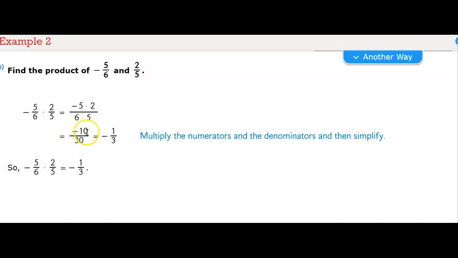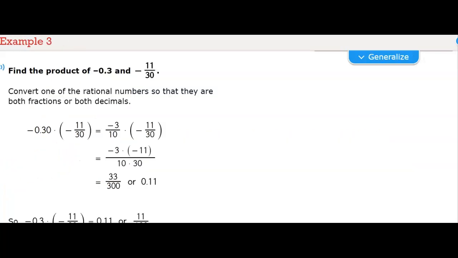And then you simplify the -10 over 30 to -1/3 by dividing -10 and 30 by 10. 10 divided by 10 is 1, and 30 divided by 10 is 3. And so -5/6 times 2/5 is equal to -1/3.